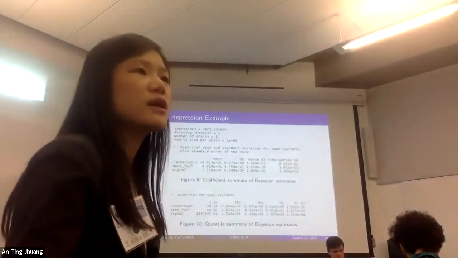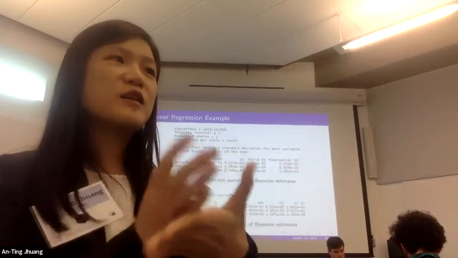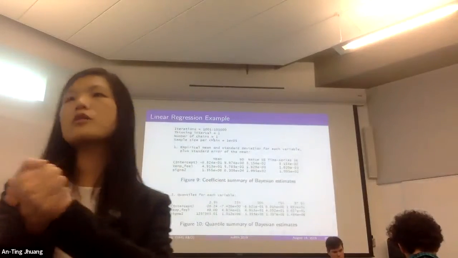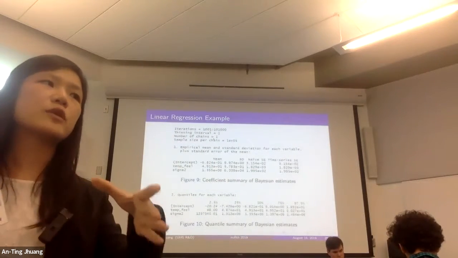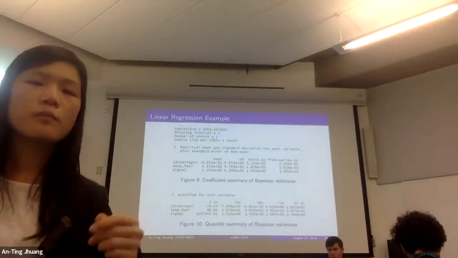It means it already discards the first 1,000 samples and uses the remaining ones. Here we only use one chain, but you can specify a different number. You can have different chains to get your posterior sample. And the sample size per chain here is 10 to the power of 5.